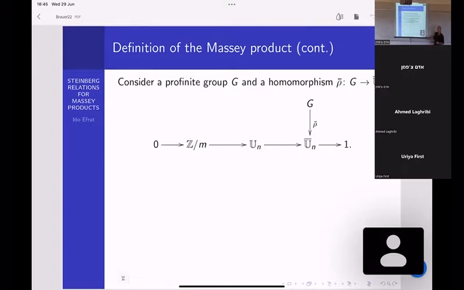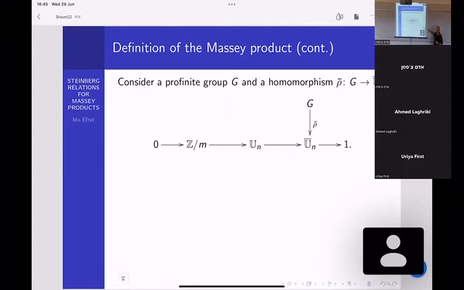Okay, now for the definition of the Massey product. Again, we take a profinite group G, and we also take a continuous homomorphism rho bar from G to the punctured matrices, U_n bar. So it goes like this, it's vertical. And here below, I wrote the extension from the previous slide.